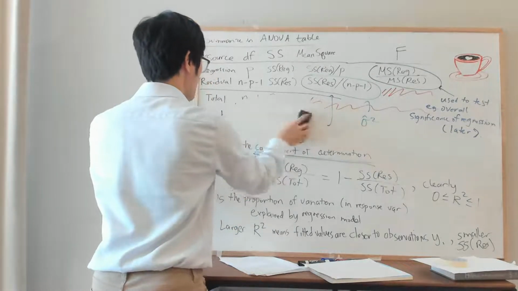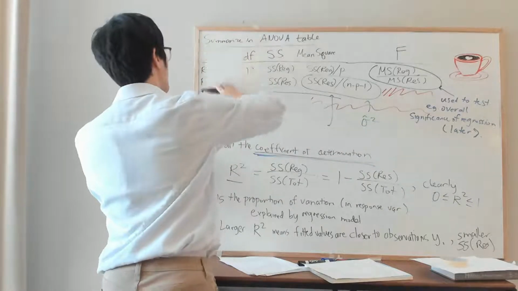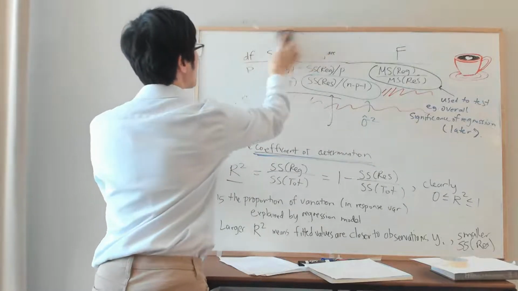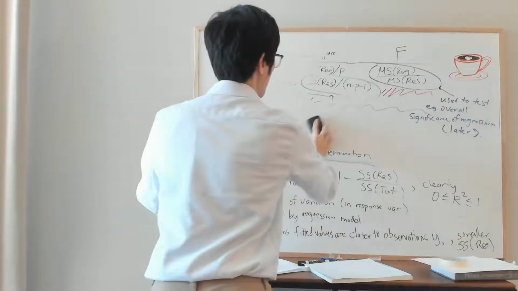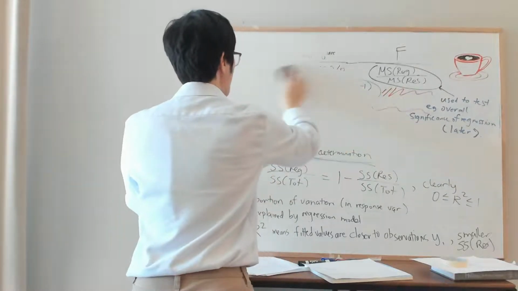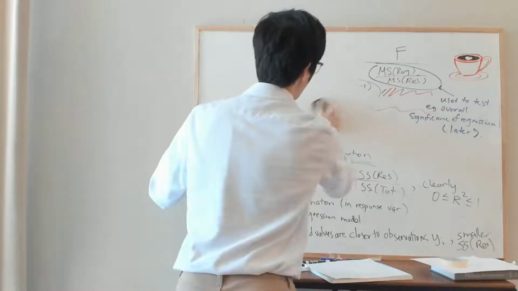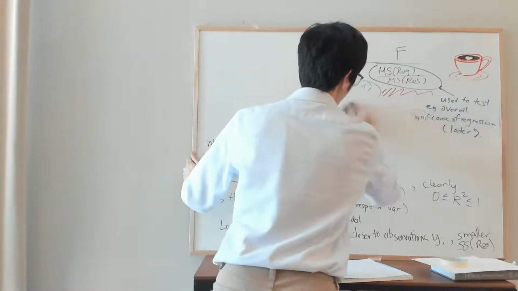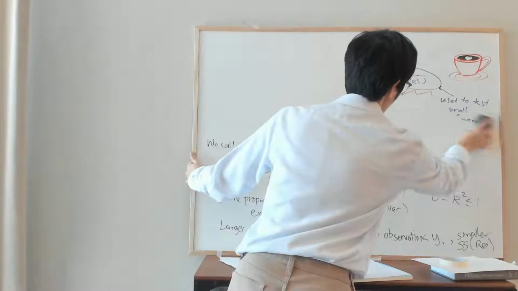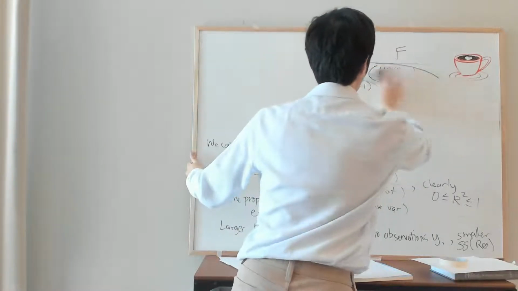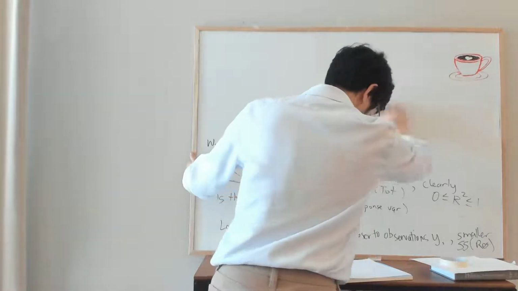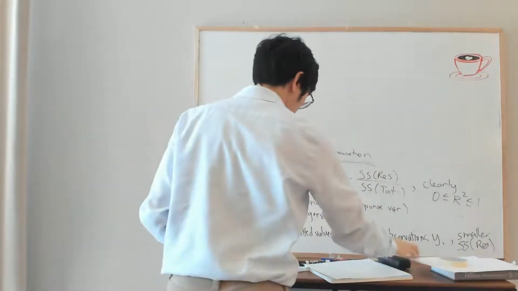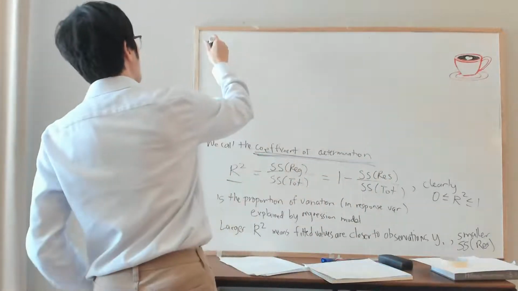So let's make that note here. In the simple linear regression case, R squared is equivalent to the square of the correlation between the x and y's in your sample. Okay, so note that.